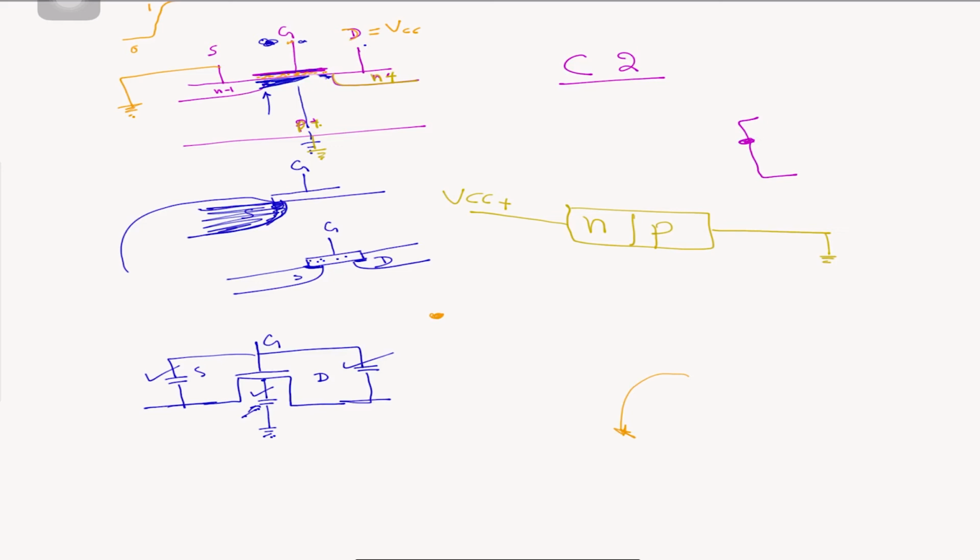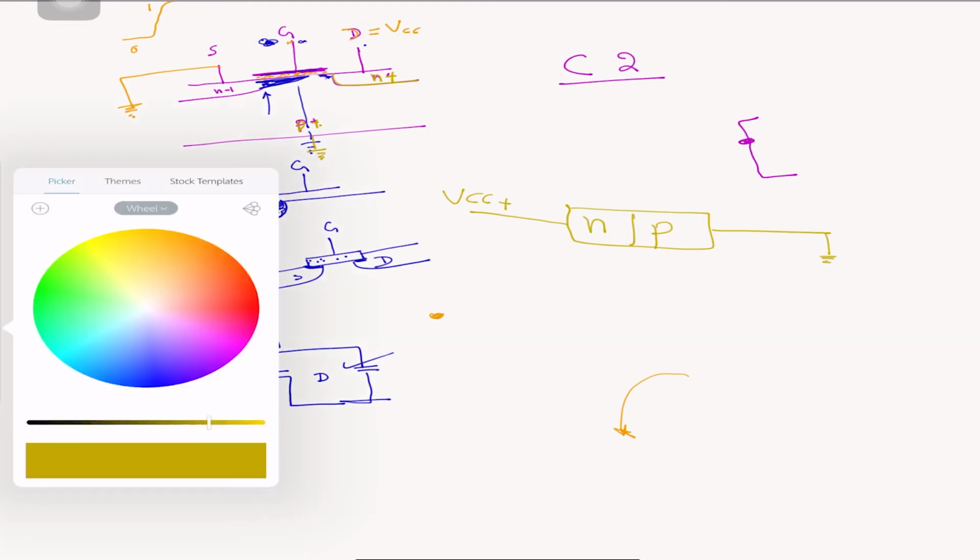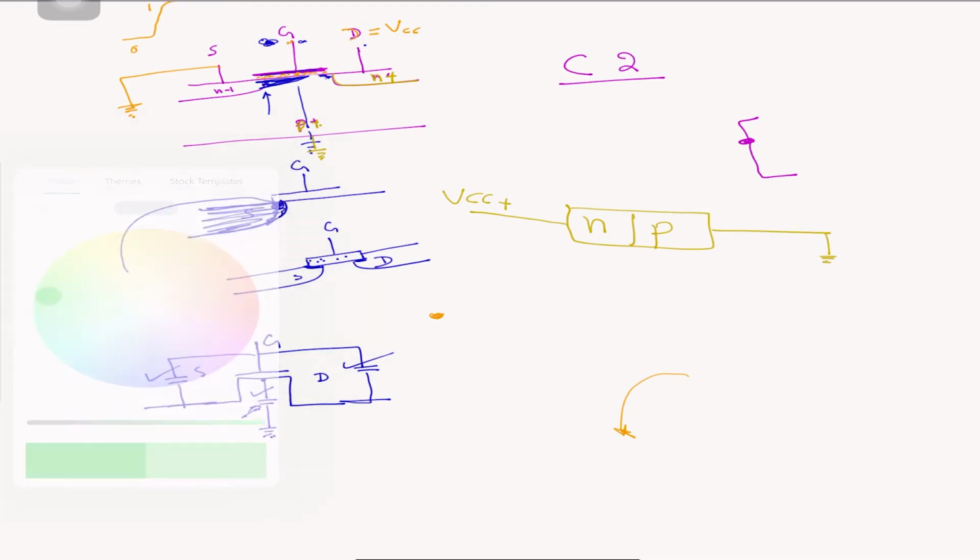If you remember diodes, I don't know, maybe I need to explain the diode too in the next video. But think of that, that was really the basic device, N and P. And what happens is the diode will conduct when you have a positive voltage here, this is positive, this is negative, and the current will flow through the diode.